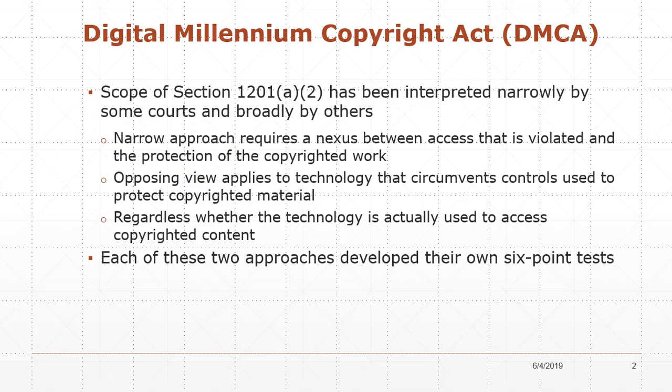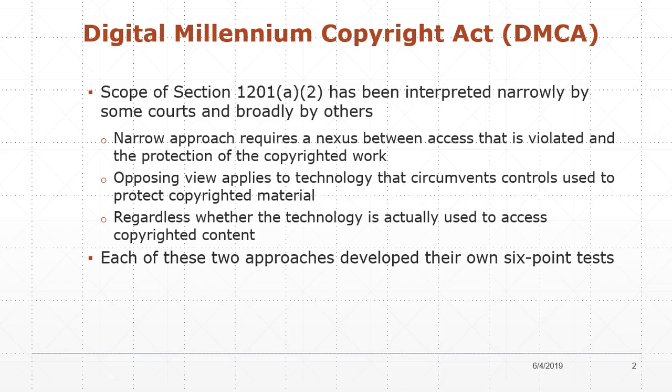So the scope of 1201(a)(2) has been interpreted both narrowly and broadly by various courts. We see this in all the electronic crimes laws. Some courts interpret the laws very broadly, and some interpret them very narrowly.